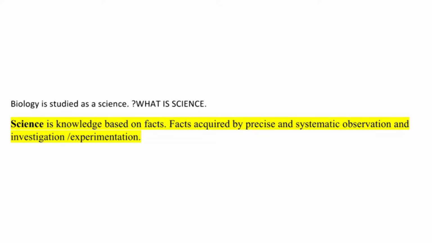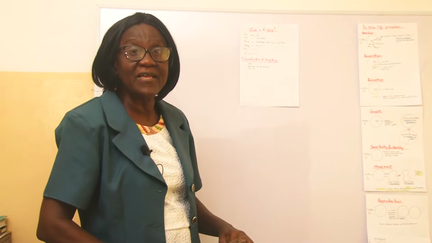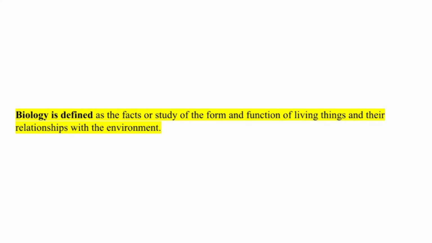So, because biology is a science, then let's also define biology. Biology is defined as facts or study of the form and functions of living things and their relationships with the environment.